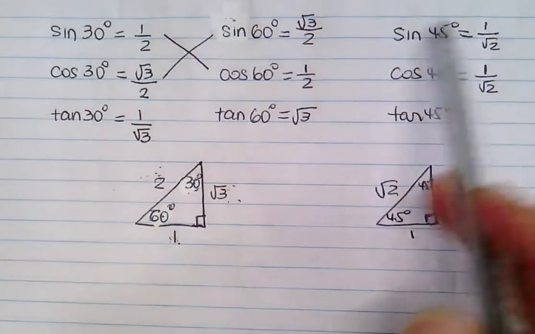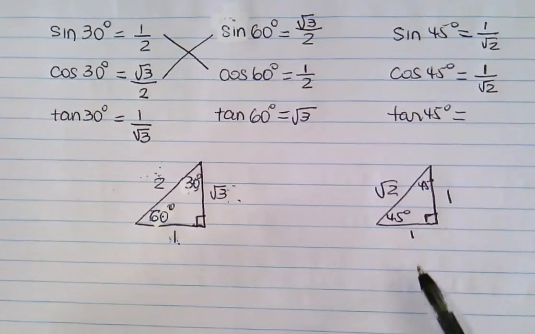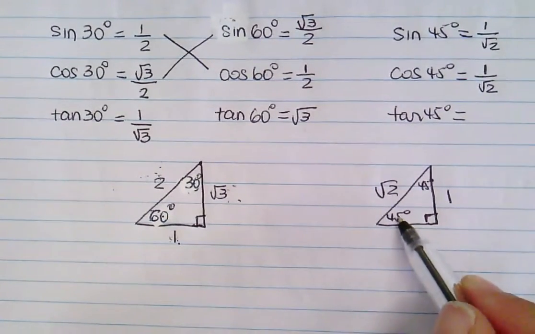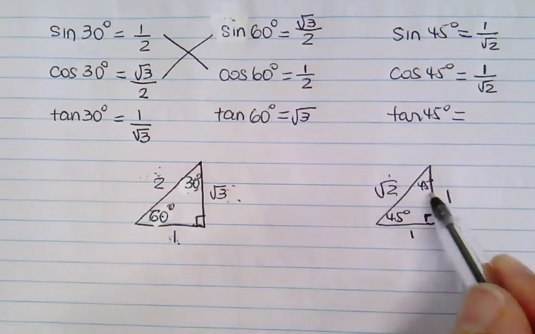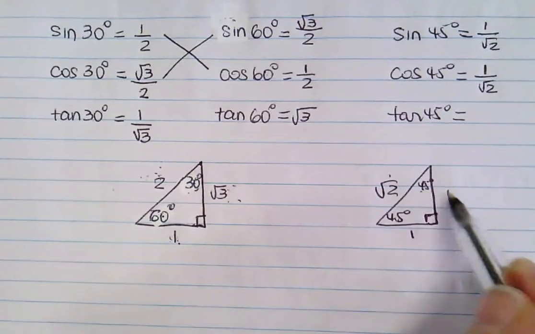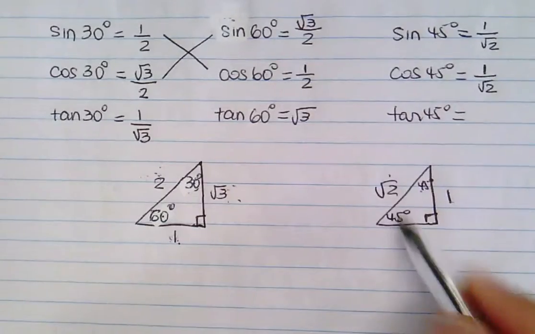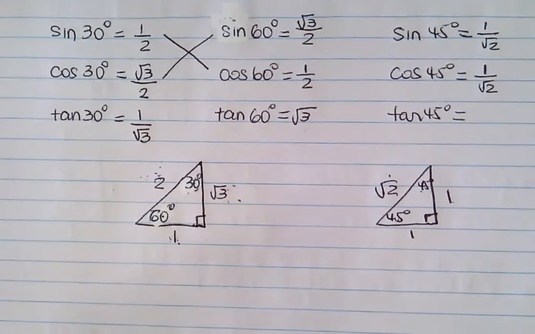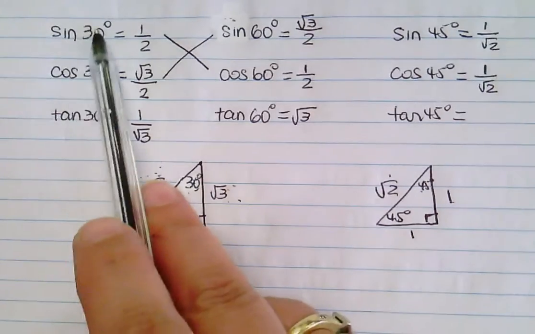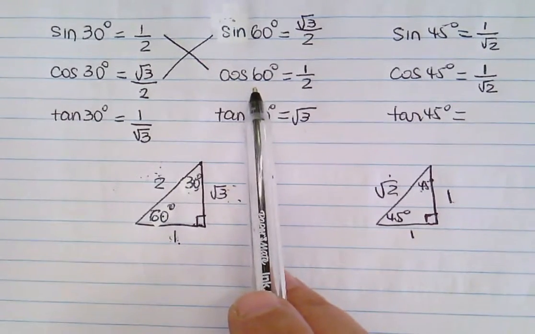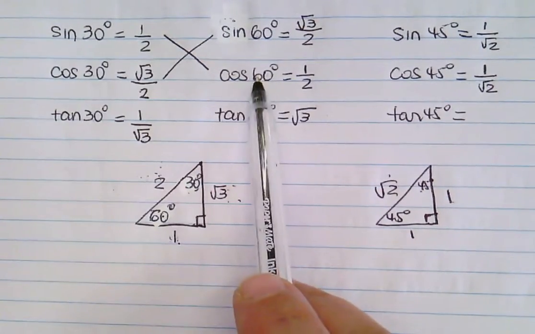Now, let's look at this triangle. Sine 45 is 1 on root 2. Cos 45 is 1 on root 2. It doesn't matter, you get the same answer. But what you're supposed to notice is that 45 plus 45 adds up to 90. Like sine 30 is the same as cos 60, those two, 30 and 60, add up to 90.